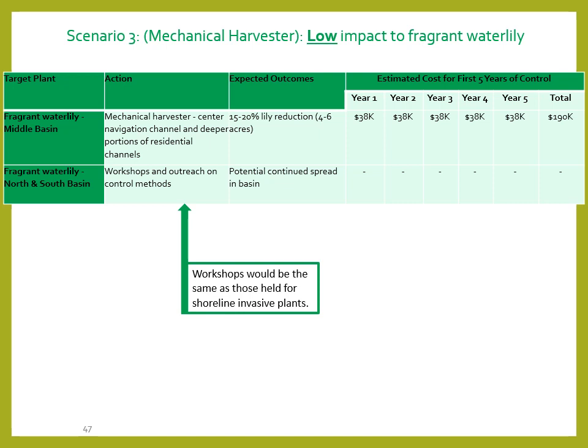Harvesting would be focused on the center navigation channel and deeper portions of the residential channels. Efforts in the North and South Basins would rely on workshops and outreach to assist landowners in proper identification and appropriate control measures. It should be noted that cutting may increase the spread of lilies and other target plants to other areas of the lake.